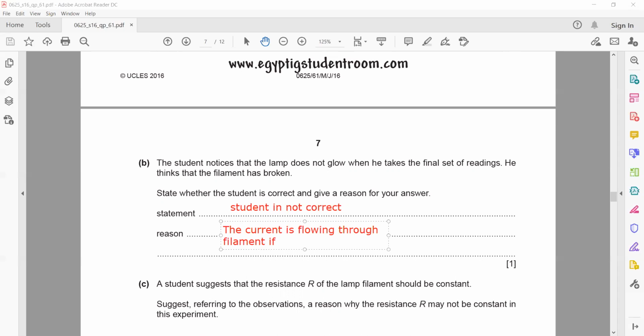If it was broken, the current should be 0. So there is a current, there is a voltage, but that is not sufficient to supply enough power to light up this lamp. Is it clear?